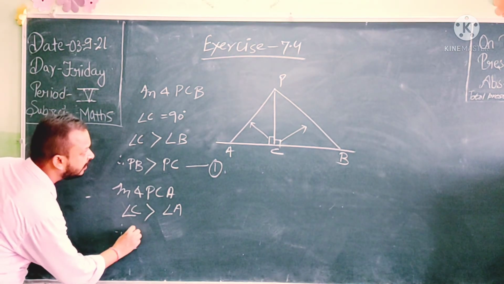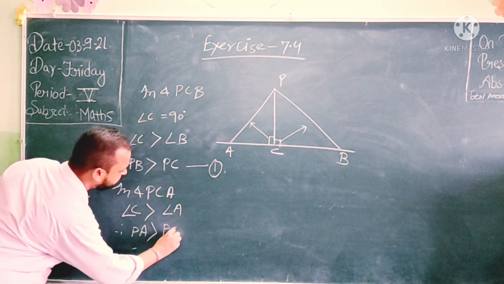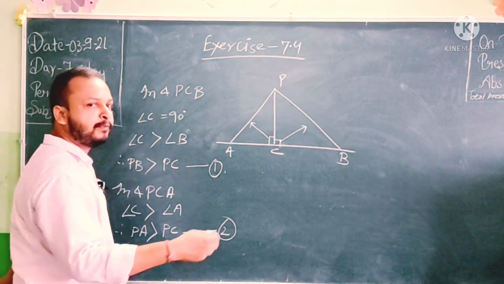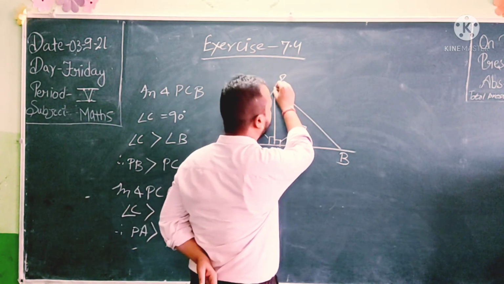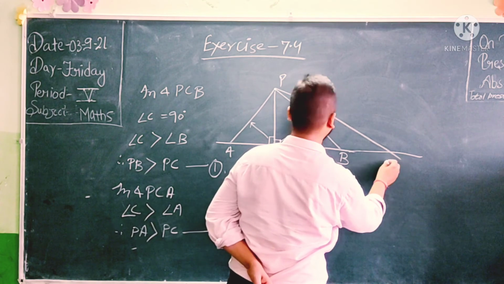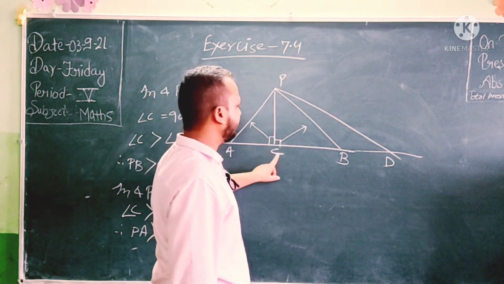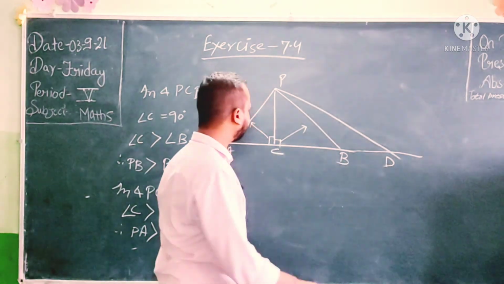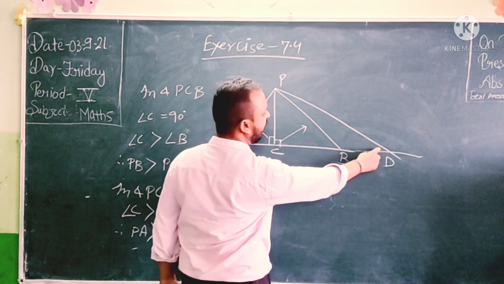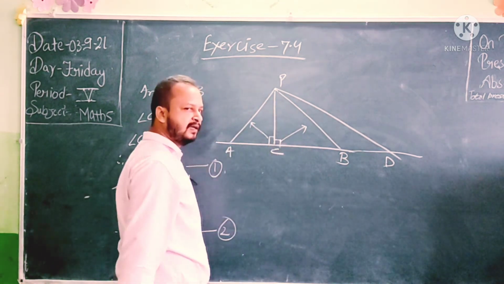Therefore, PA is greater than PC. This is equation 2. Suppose you have drawn one more line segment here. Suppose this is D. If we take triangle PCD, similarly, this angle is greater than angle D. So PD is greater than PC, right?